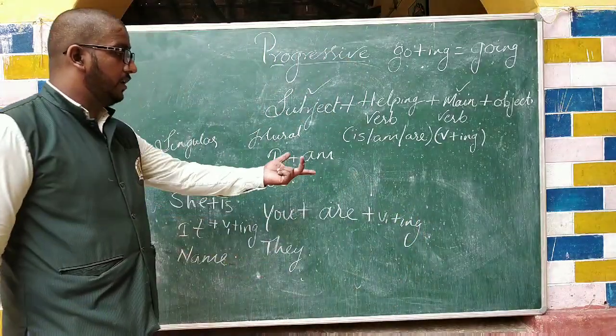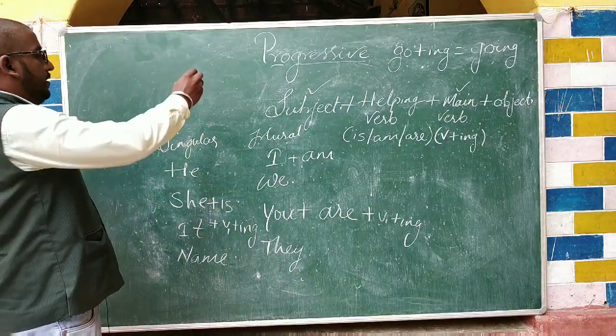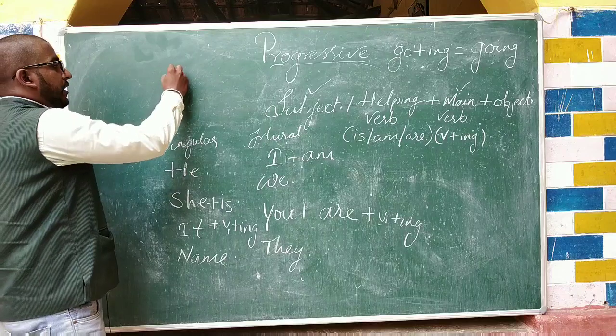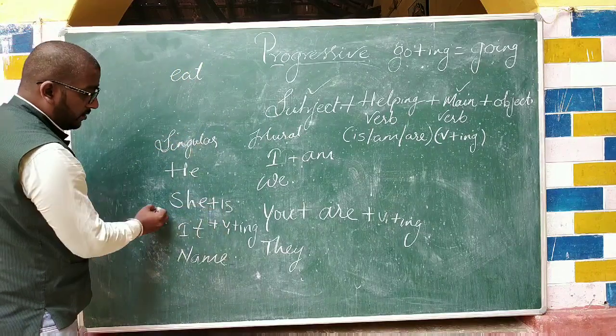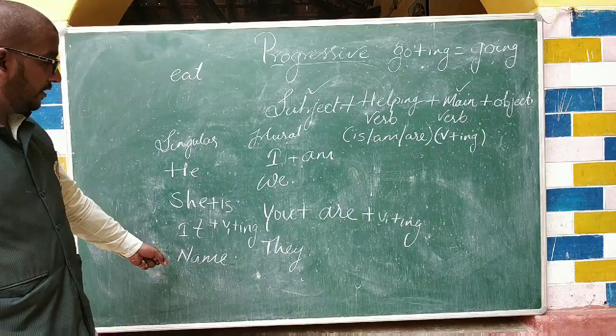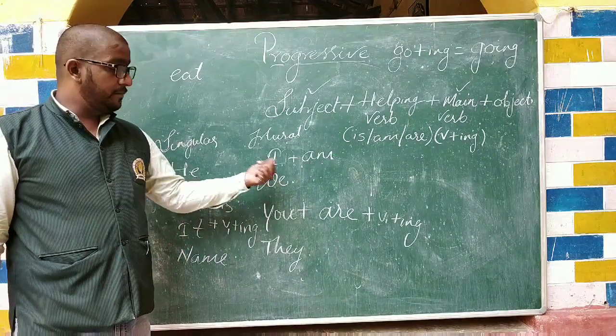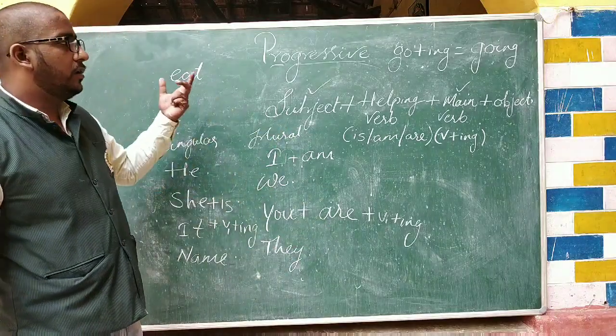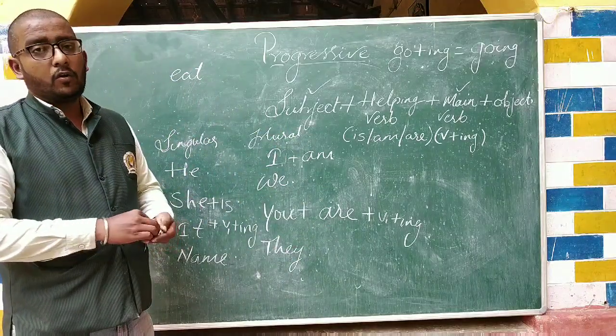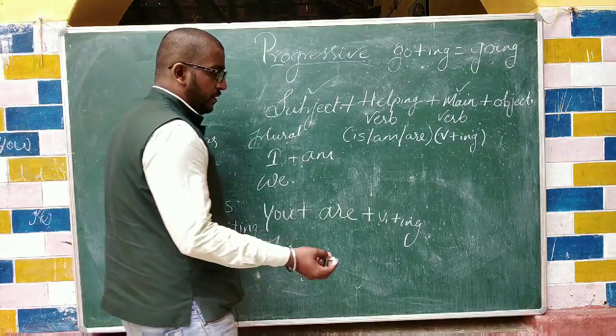Okay, so accordingly you can do anything, like let us take eat. So it will be he is eating, she is eating, it is eating, name is eating, I am eating, we are eating, you are eating, they are eating. So similarly you can go with many other verbs utilizing this.